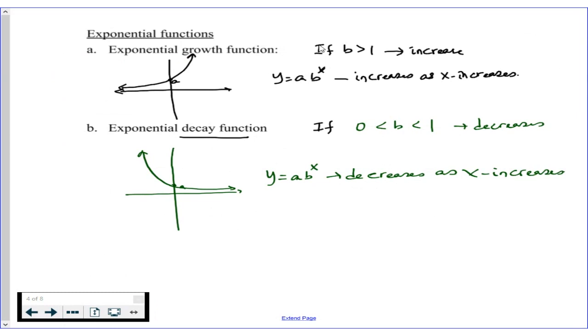Now let me give you one example of growth and decay functions. If you remember, last year we were talking about the rate of coronavirus infection, which was increasing exponentially.